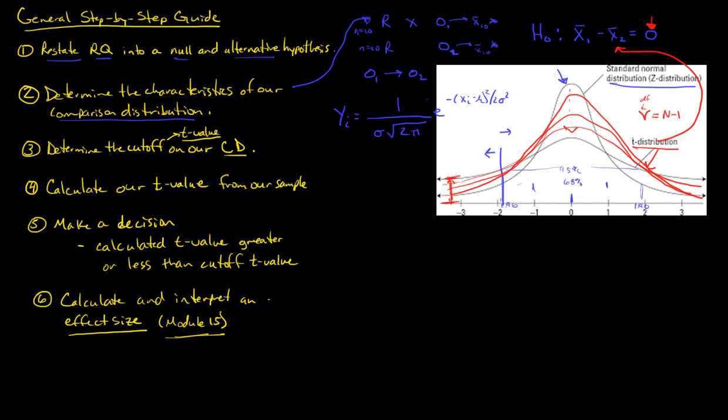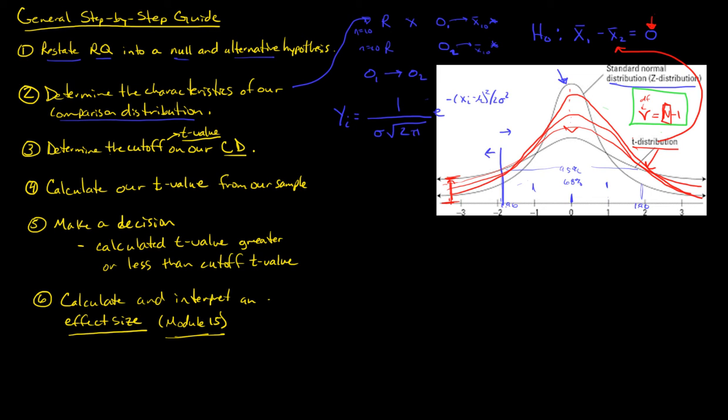And the shape of that distribution changes as a function of how many people are in your sample right here. Okay? And so that is the second step here. So this is just simply what? Knowing your n value. So determining the shape, or the characteristics, is simply knowing this piece right here. What is my n value?